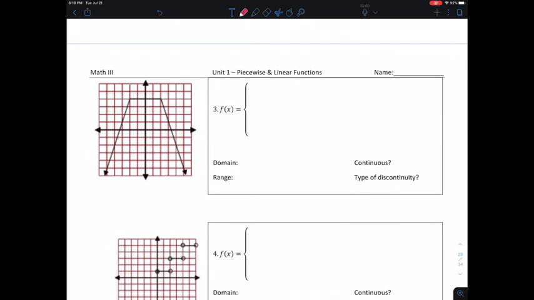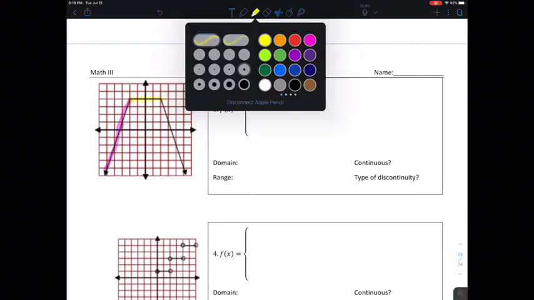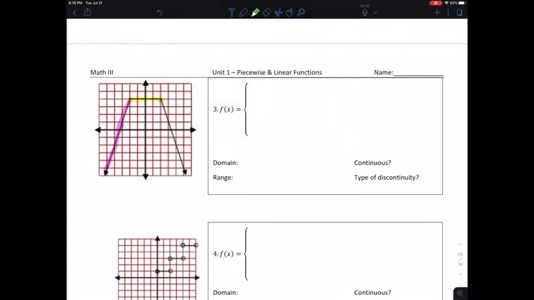Let's look at problem number 3. Again, for problem number 3, how many parts do we have? We have 3 parts in problem number 3. We have part A, we have part B, and we have part C. So we have 3 different parts.